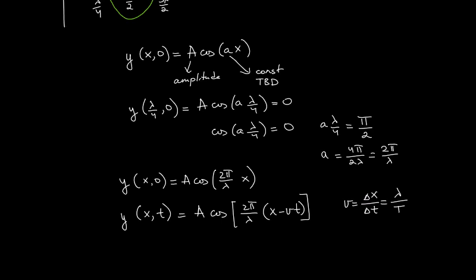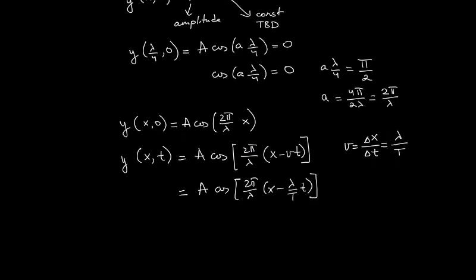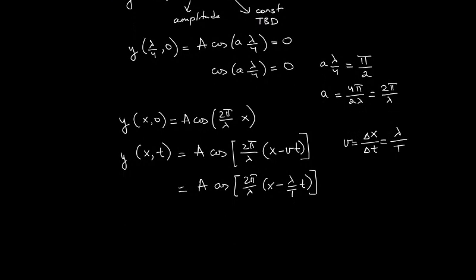So let's continue by substituting our velocity, or the speed, by lambda over T. Then I would get A cosine of 2 pi over lambda times (x minus lambda over T times t). Okay, let's move on and simplify a little bit more.